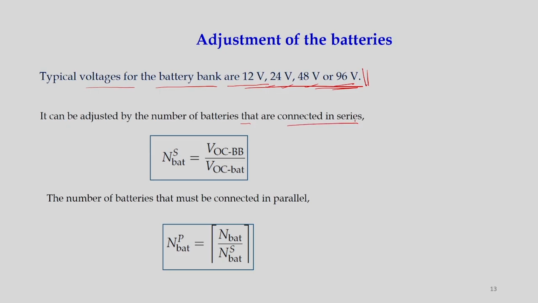If we know the open circuit voltage of the battery bank and the V_OC of the batteries, then we can calculate the number of batteries to be connected in series. In the case of parallel connection, we must know the total number of batteries and the number connected in series. From that we can calculate the number of batteries to be connected in parallel.